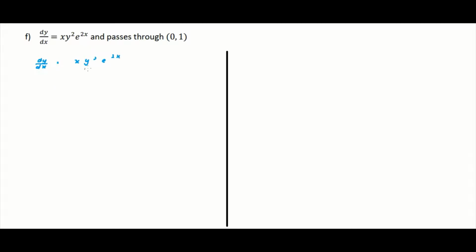Continue with moving your y. So 1 over y squared dy dx equal to x e to x. You can see for this part, obviously you need to do by parts again. So integrate with respect to x. For the left hand side, you are left with 1 over y squared dy equal to x e to x dx.